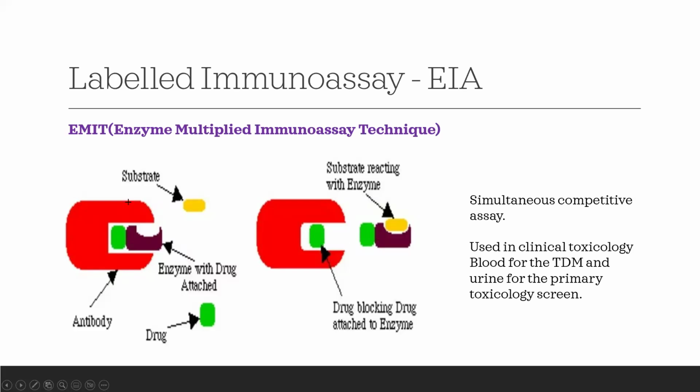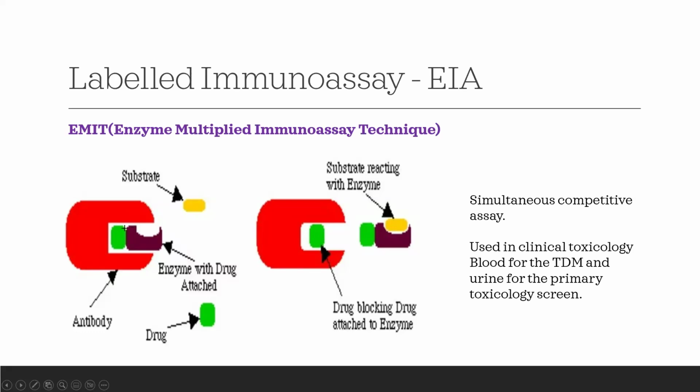This antibody can either bind with the drug of interest, the analyte we want to test. If it binds to the analyte, the drug enzyme conjugate will not be able to bind with the antibody, so it can bind with the substrate, and in this case, the substrate can give the signal.